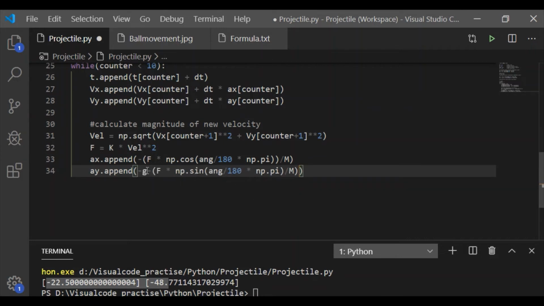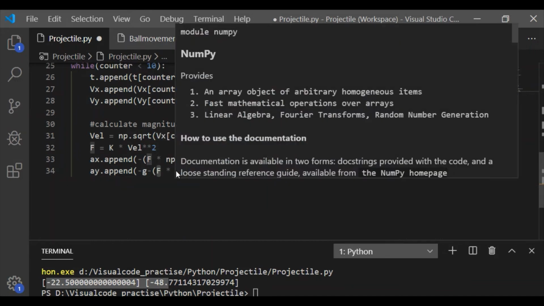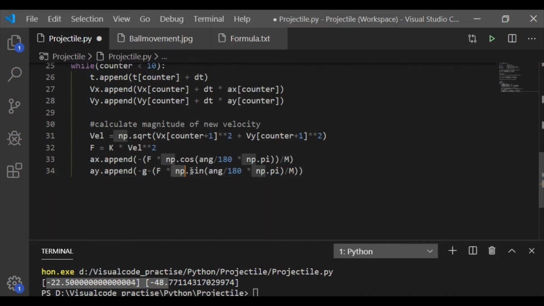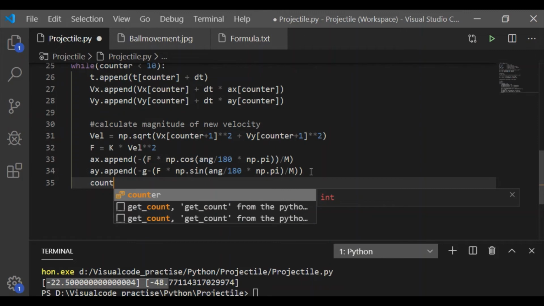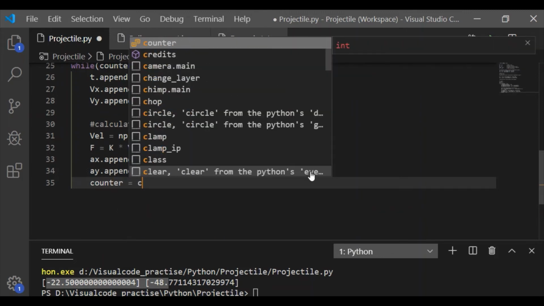So Ay dot append with the new value of Ay based on the calculated drag force. So minus g minus F multiplied by sine theta by m. Here g and m are constant. F, the drag force, is the varying one in terms of velocity. Velocity again depends on the acceleration parameters.